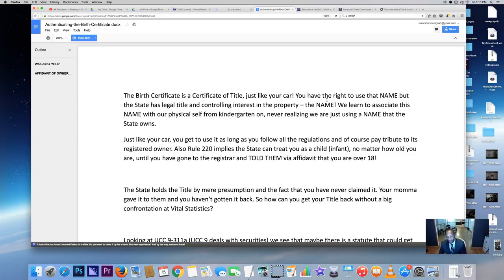So that is the purpose of authenticating the birth certificate. Because if we skip this process, and we don't understand this process in conjunction with other processes, UCC or whatever, you contradict the purpose of the process. The process is to gain ownership of your corporate entity. The purpose of gaining ownership of the corporate entity is to gain interest of the corporate entity.